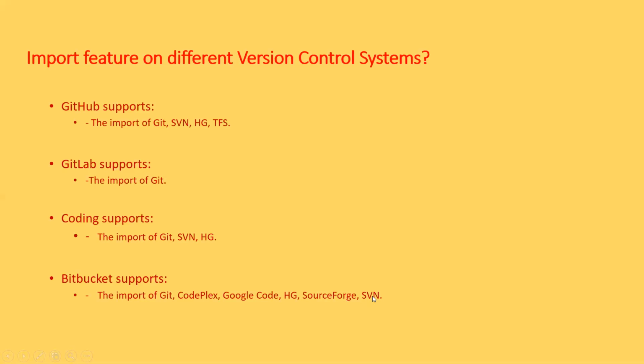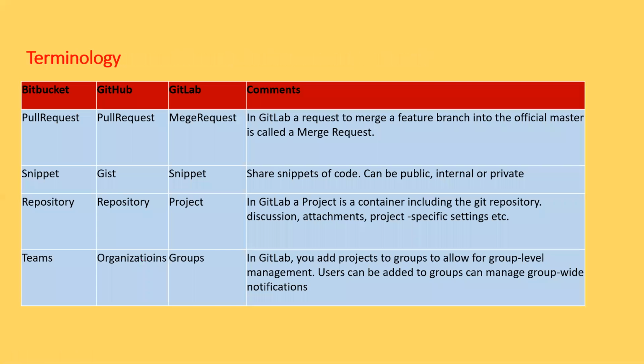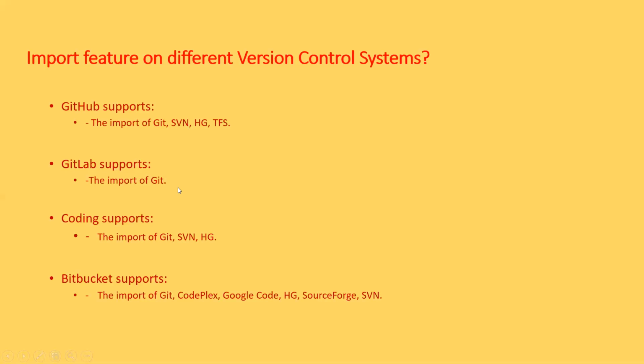It seems BitBucket supports more repositories, and I suggest going for BitBucket if you have the capability to purchase it. Going forward, if your organization is looking at working on different repositories, it is better to go for BitBucket compared to the others, because it supports more systems like Git, Codeplex, Google Code, HG, SourceForge, SVN.